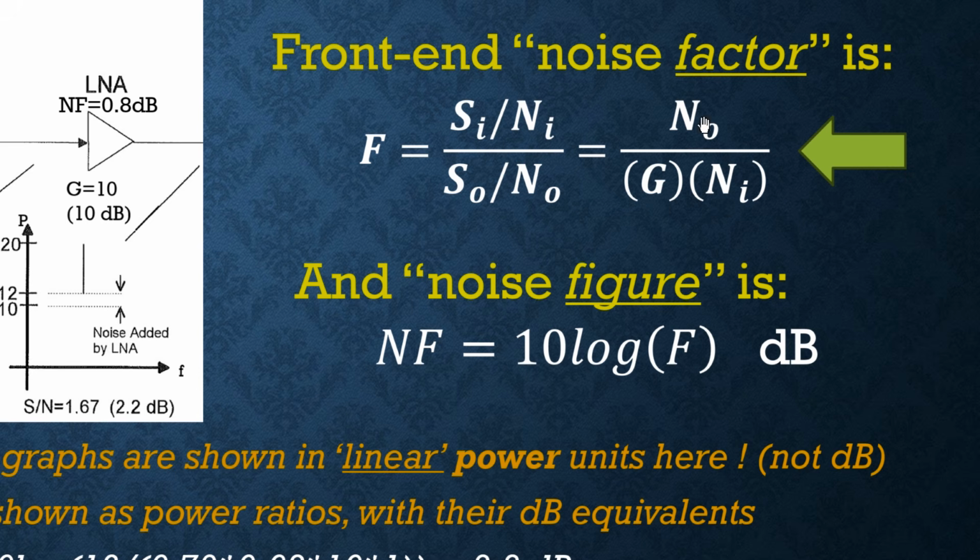And the output noise is always bigger than the denominator, which means that the noise factor is always greater than 1, and noise figure is just 10 log of that, and so that means it's always greater than 0 dB. Something like 1 dB is really, really good. Something like 3, 4, 5 dB is usually okay for most receivers.